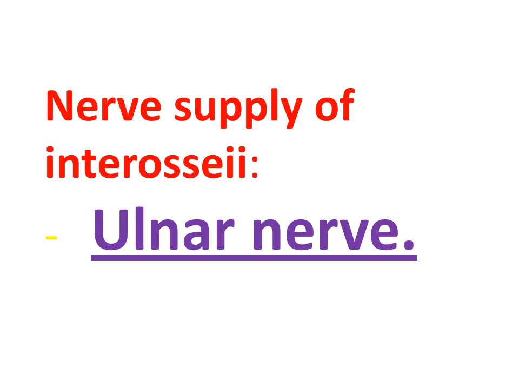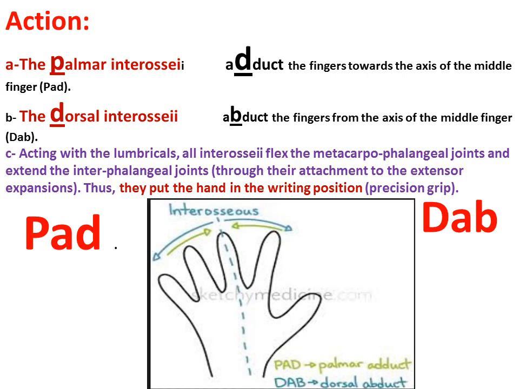PAD. The nerve supply of the interossei is the ulnar nerve. Remember that the palmar interossei adduct the fingers toward the axis of the middle finger, PAD, and the dorsal interossei abduct the fingers from the axis of the middle finger, DAB. Acting with the lumbricals, all interossei flex the metacarpophalangeal joints and extend the interphalangeal joints through their attachment in the extensor expansion, putting the hand in writing position or precision grip.